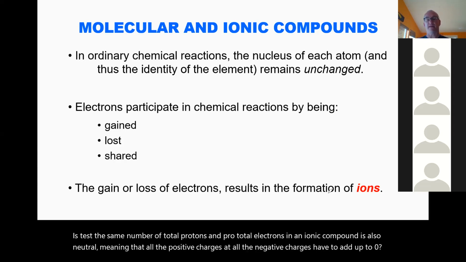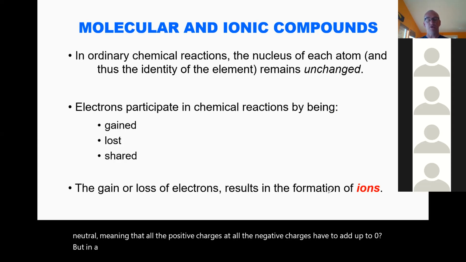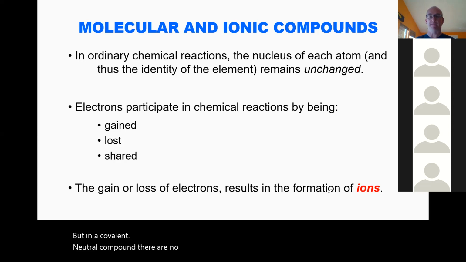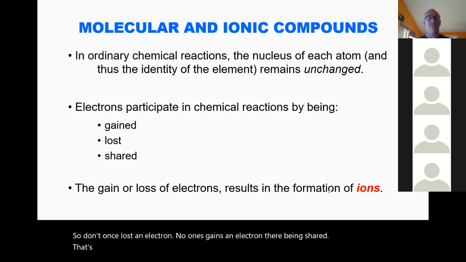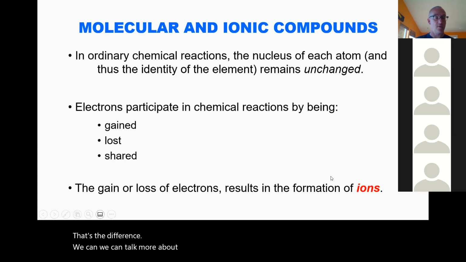But in a covalent neutral compound, there are no charges. There are no ions in it. They're sharing electrons. So no one's lost an electron, no one's gained an electron, they're being shared. That's the difference. We can talk more about it if you want to, but yeah, it just means they're shared, they're not taken.